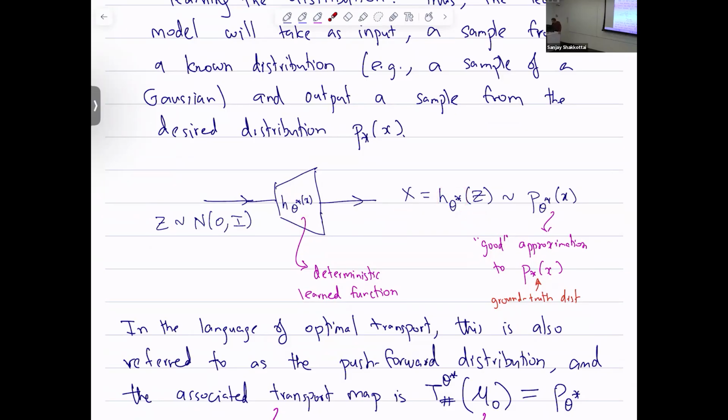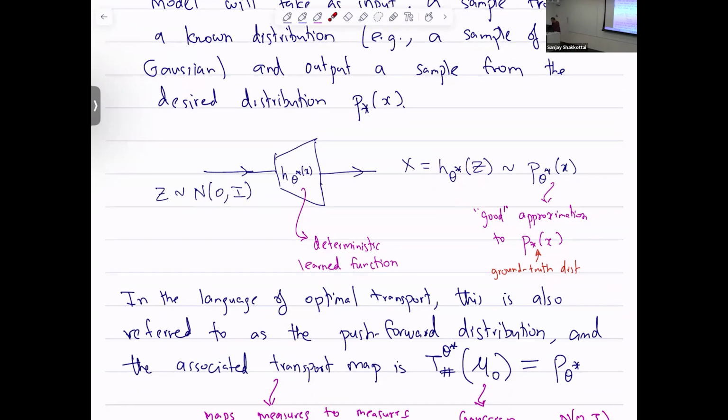Another way of thinking about it is that if you find theta star appropriately, this function transforms a Gaussian to the density of interest. That's yet another extreme. One extreme is to actually learn the density function and sample from it. The other is to just learn a transformation which takes whatever easy random variable you know how to generate and transforms it to what you want.